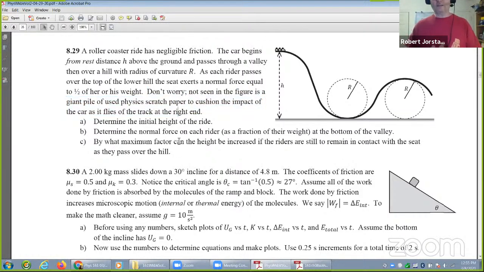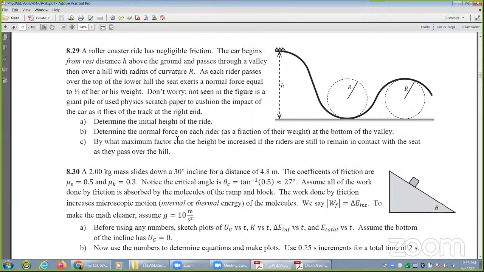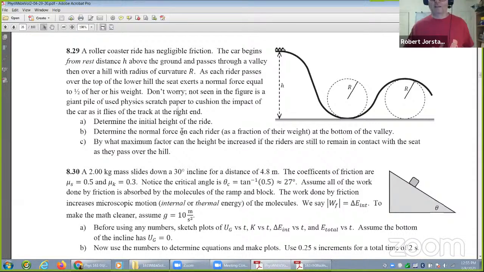Okay, what type of problem does this look like to you? What types of things do you think we might have to do in this problem? 8.29. I see circular motion. Okay, what kind of circular motion? Are we going to do kinematics, or what do you think? Energy, forces? Those are kind of our big three tools right now.